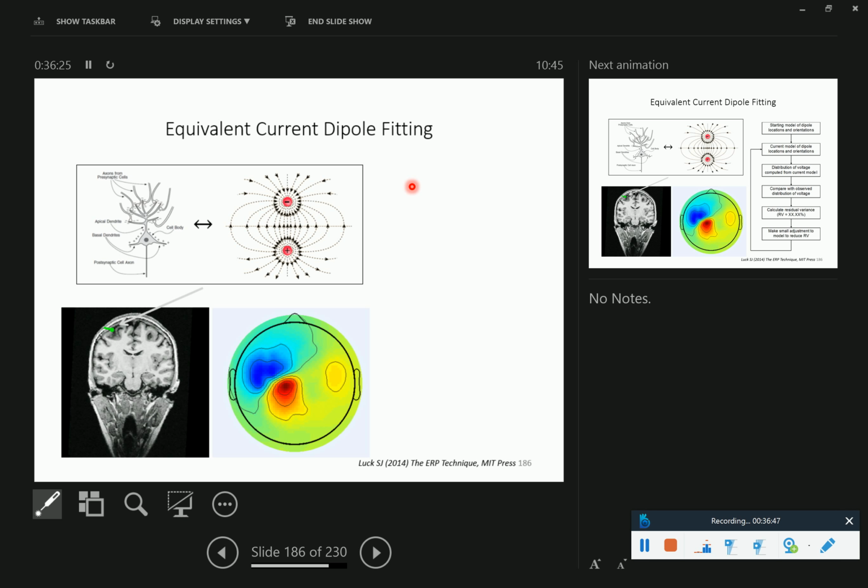So now maybe with more pictures, less text and fewer formulas. The idea is, again, that we have these pyramidal cells that make up these dipoles on the cortical surface.